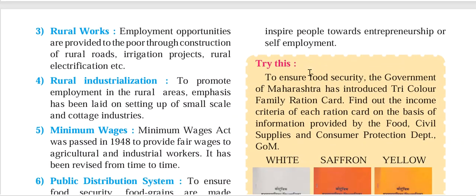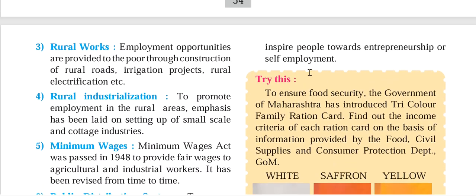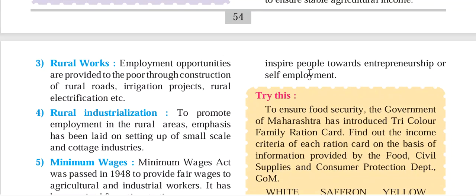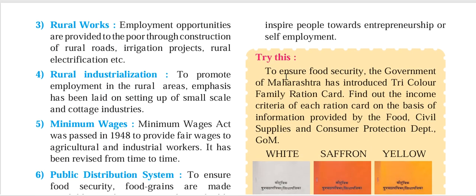Third, we have rural works. Employment opportunities are provided to the poor through construction of rural roads, irrigation projects, rural electrification, etc. Next, we have rural industrialization. Government promotes small scale industries and cottage industries.